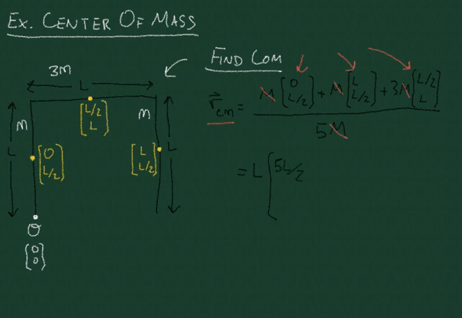Again for y, we have 3L plus L over 2 plus L over 2, which is 4L, all multiplied by this factor of 5. So we see that our center of mass is at, oops, I pulled the L out here, I can't do both. Okay, so if we pull the 5 in, this is just L over 2 in the x direction, and 4 over 5 L in the y direction.